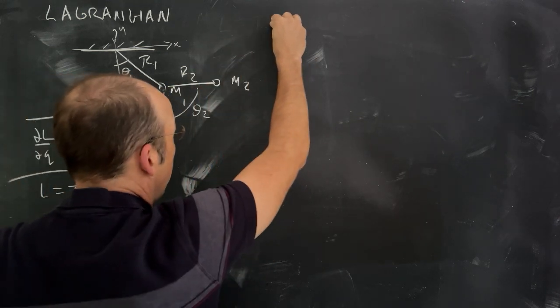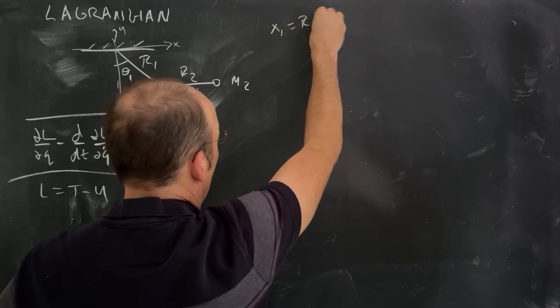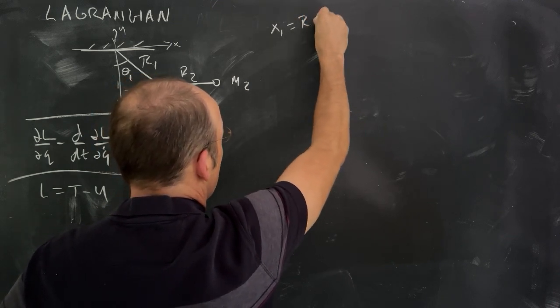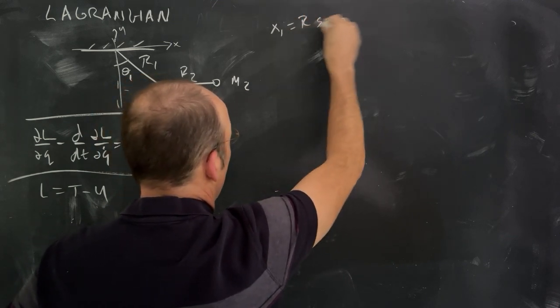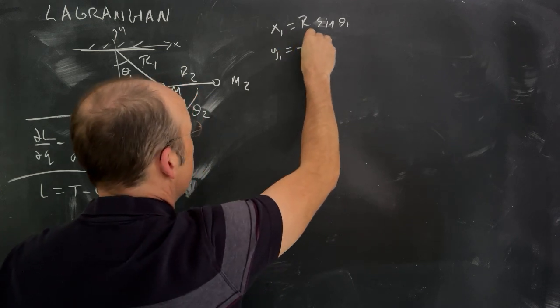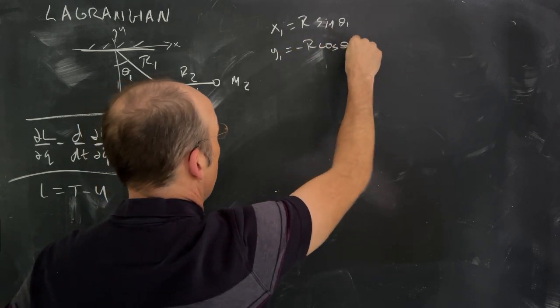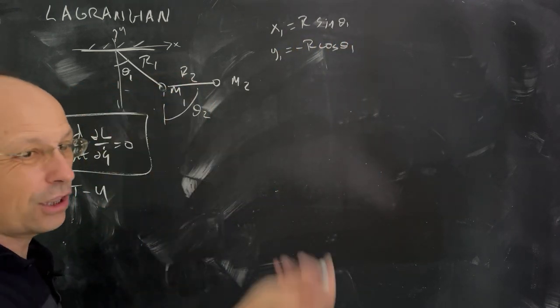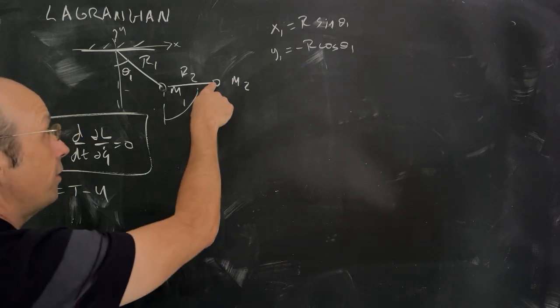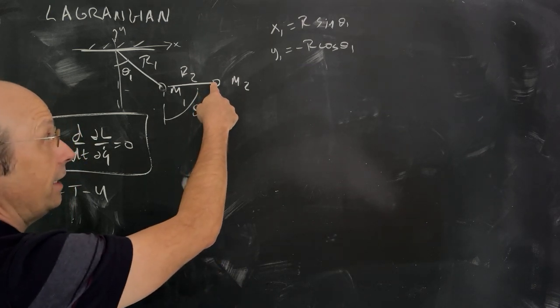same as before. I can say x1 is r sine theta 1. y1 is negative r cosine theta 1. And then I can take the derivatives and all that stuff, and that's fine. Now for this one, mass 2, I can find its x position.